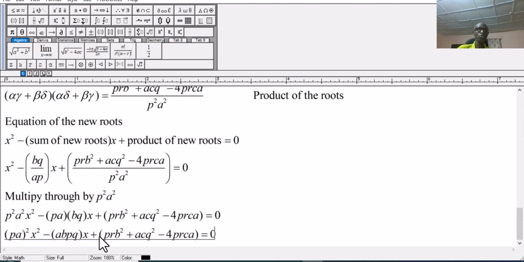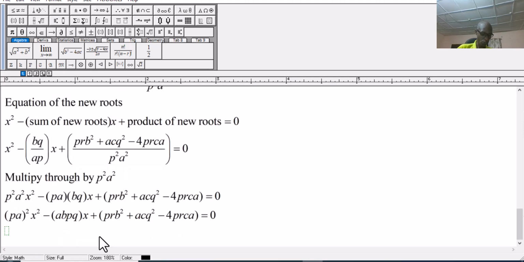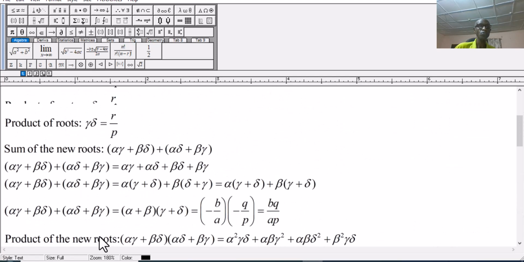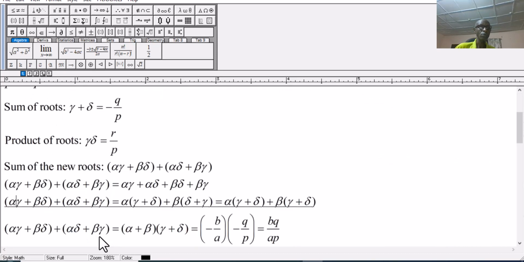So this is the equation. So this is the equation that we are asked to find. So I will copy this.